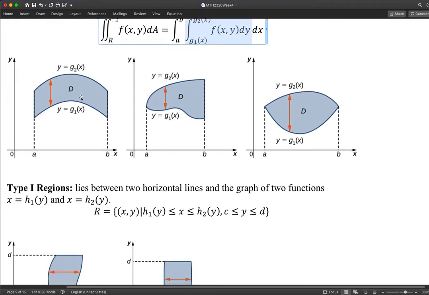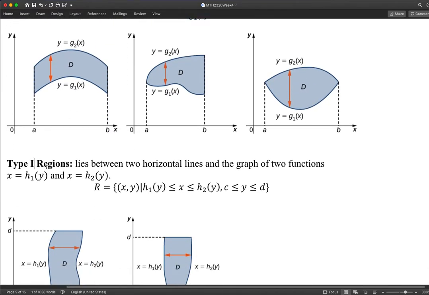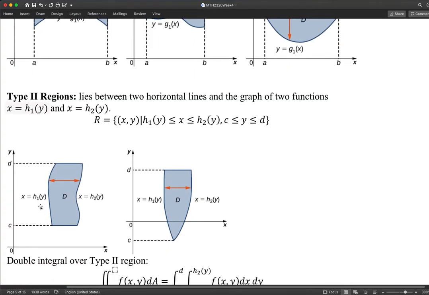Well, let's move to type 2. A type 2 region, in words, can be summarized similarly. It lies between two horizontal lines. Look at those two lower graphs. Each is bounded by two horizontal lines: a single curve to the left, I say that's a smaller curve, and a single curve to the right.